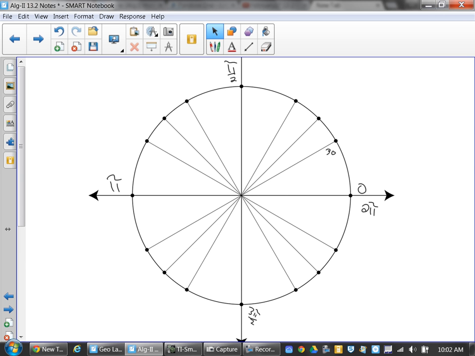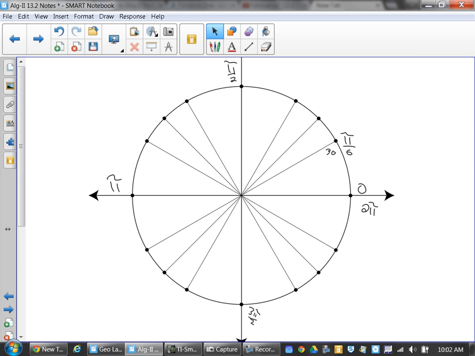If I convert that into radians, I slap a pi next to it and divide it by 180. So I get 30 pi over 180, which is pi over 6. What we write in is just pi over 6.